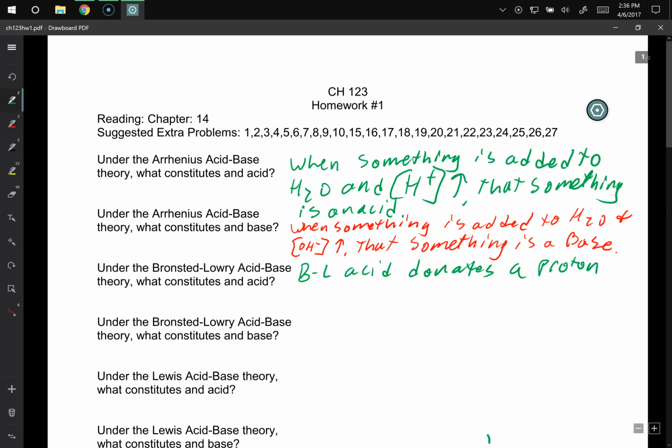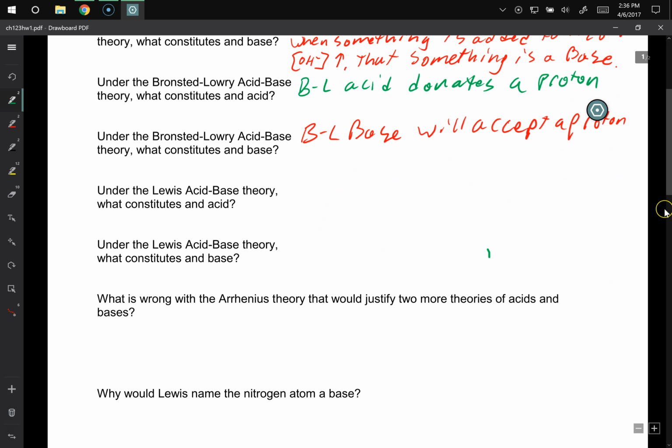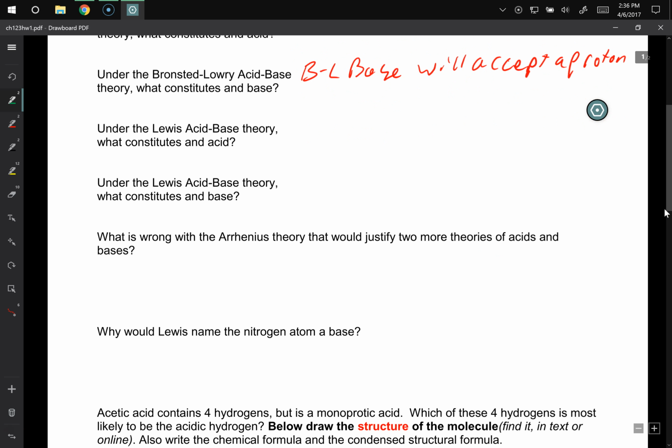And then the base. Okay, how about our Lewis acid base? What's the acid do?